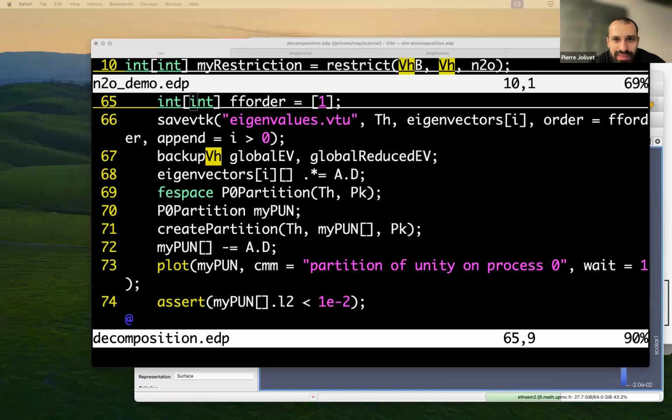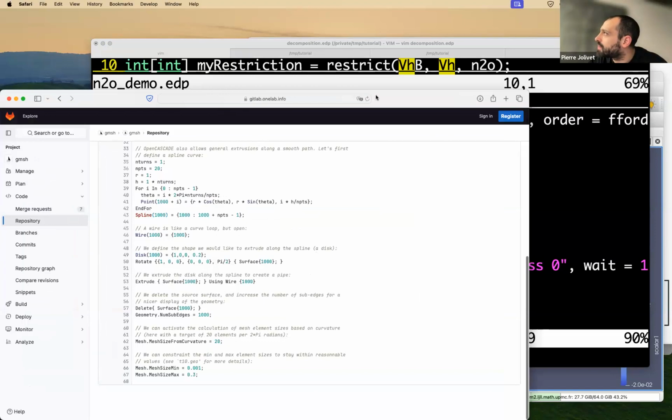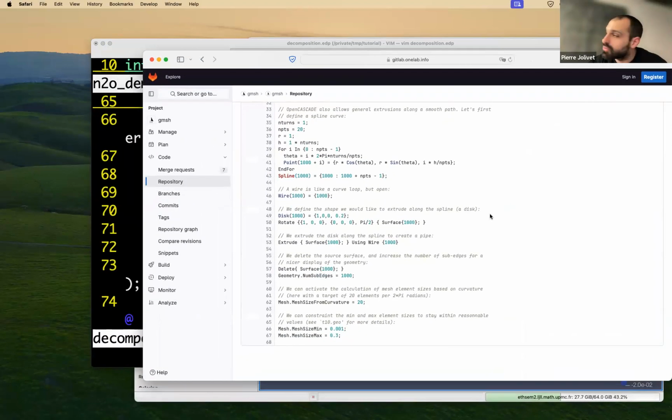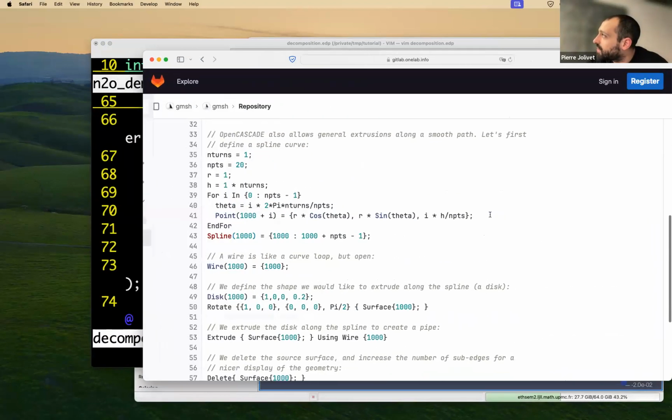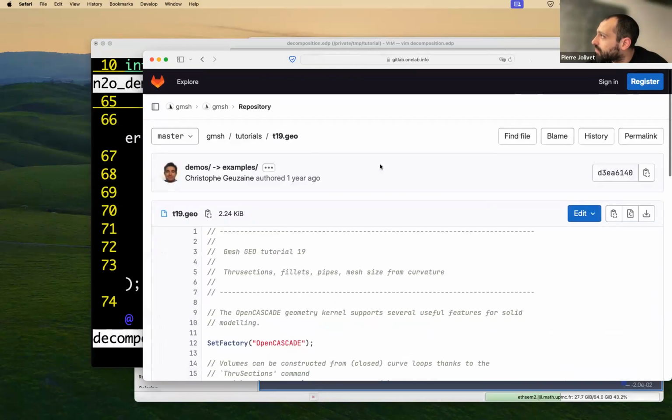And so I think they provide some mesh. I actually have no idea what the mesh is, so hopefully it's not too big or too difficult to mesh.